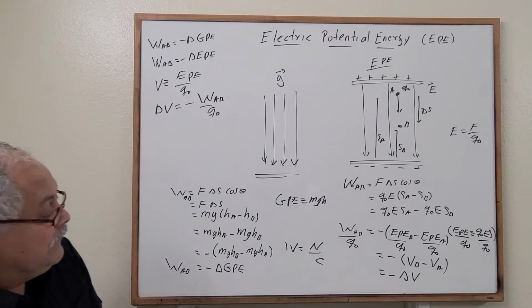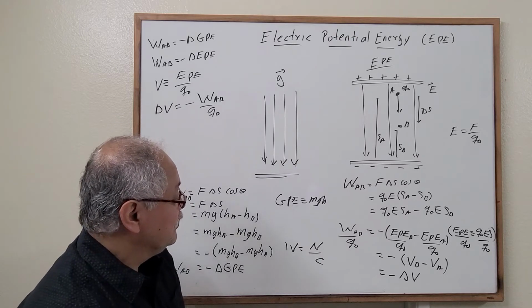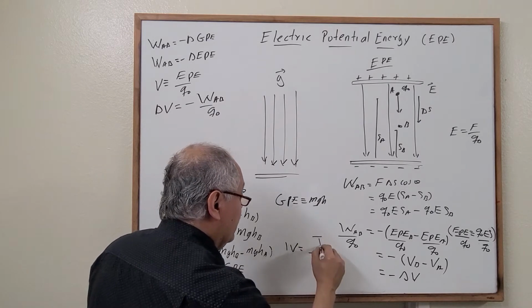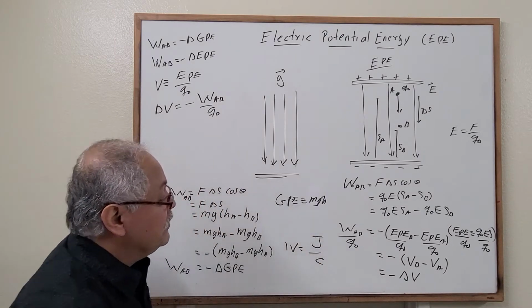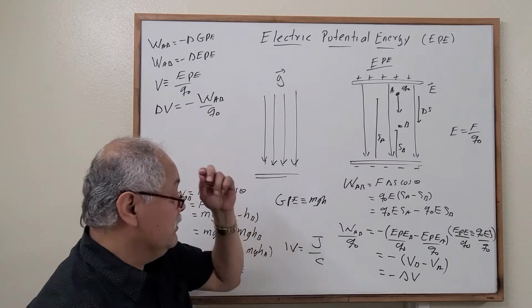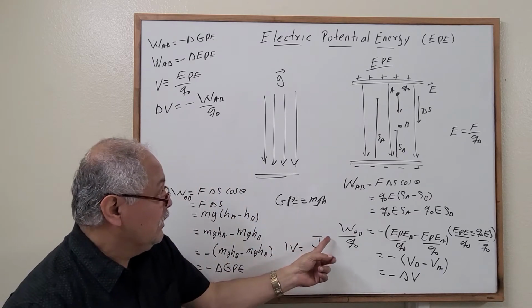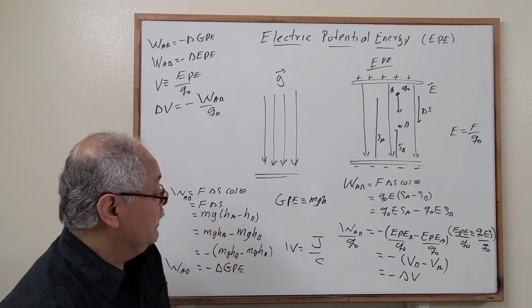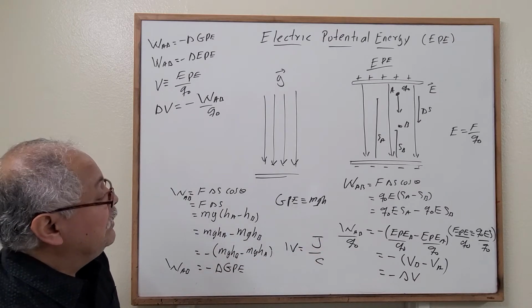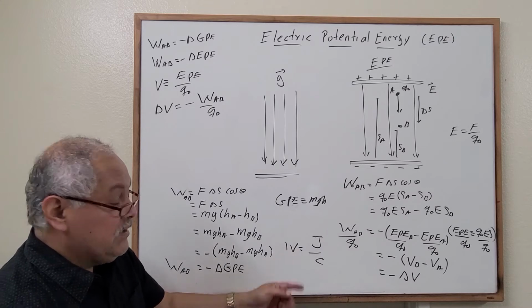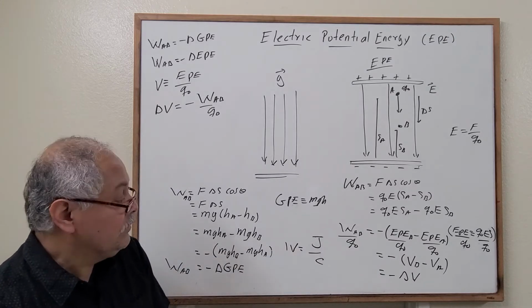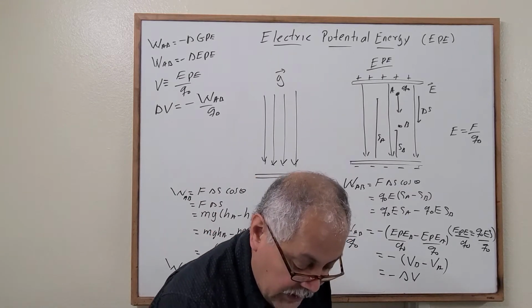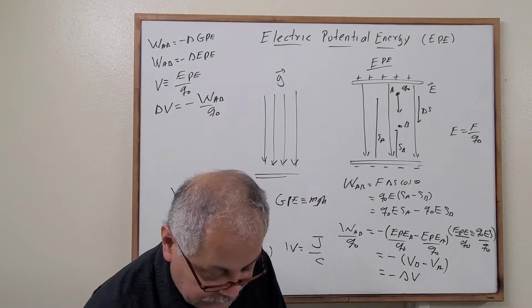No, not Newton, it's joules. Newton is for forces. This is work, energy, so joules. It's going to be joules per coulomb, and that is the unit for one volt. Perfect.